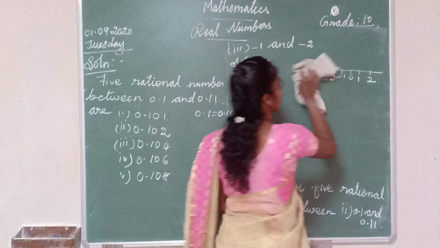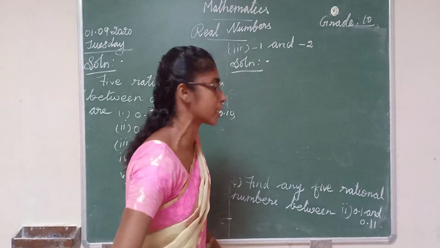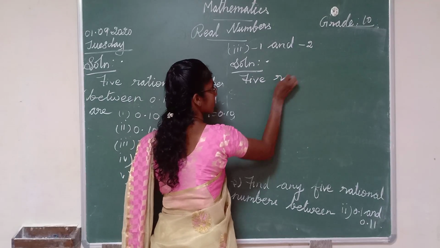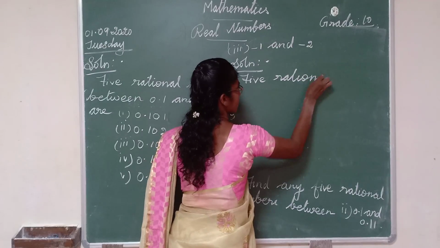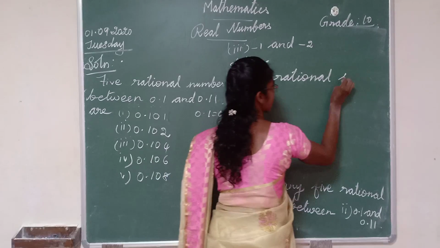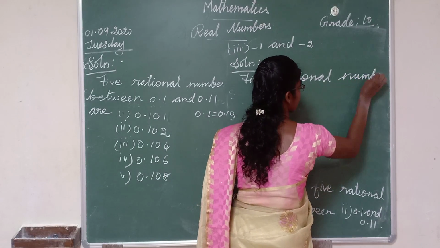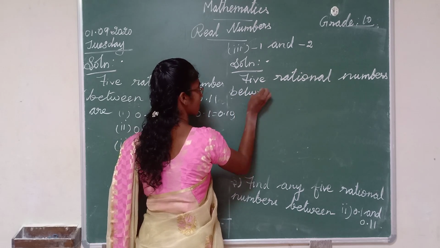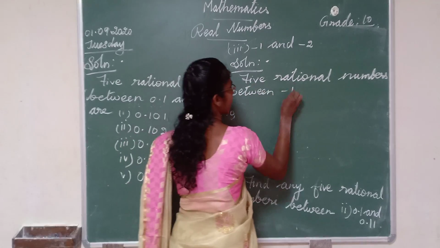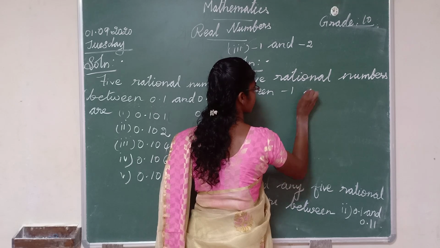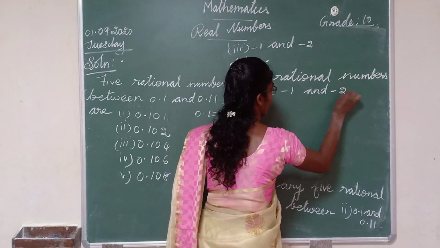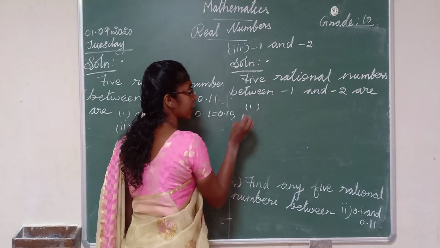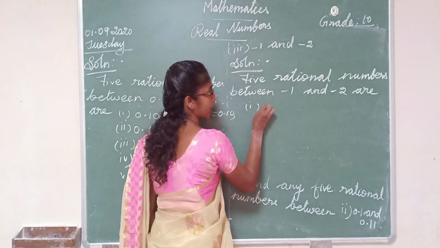We have to write 5 rational numbers between these two numbers, minus 1 and minus 2. We can write many numbers, any 5 you can write. What are they?